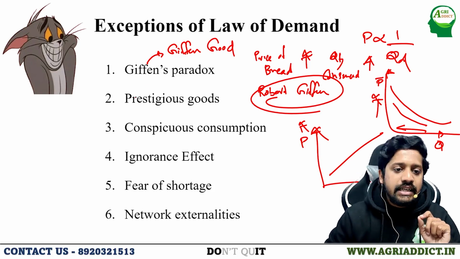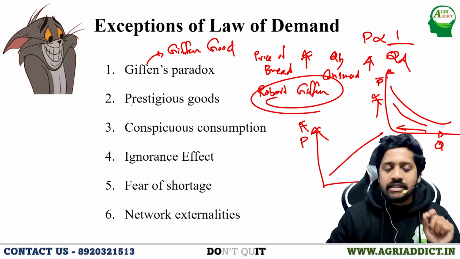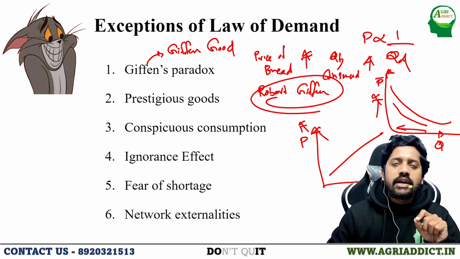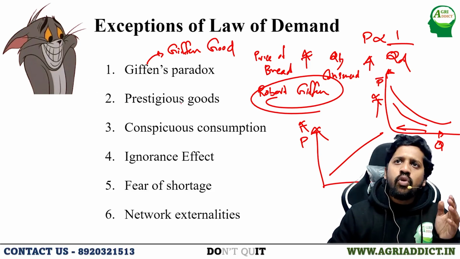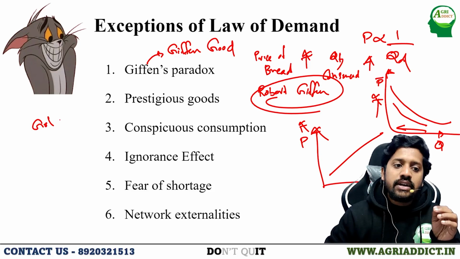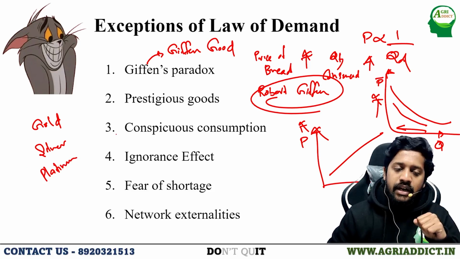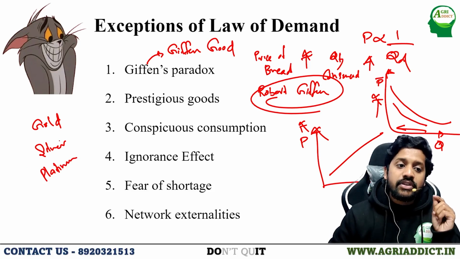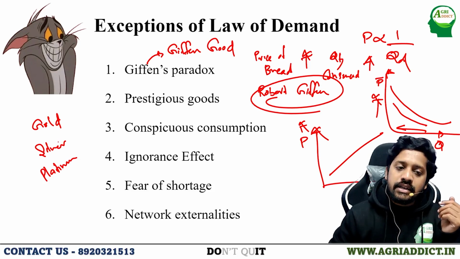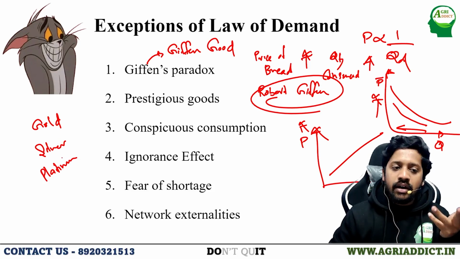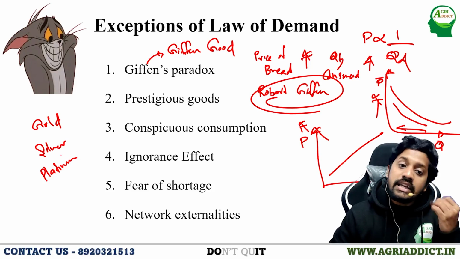Another one, the second exception, is prestigious goods. Assume the case of gold, silver, platinum and all. These are ornaments, right? But even if the prices of gold, silver, platinum are increasing, the people are not bothered about the increasing prices, right?